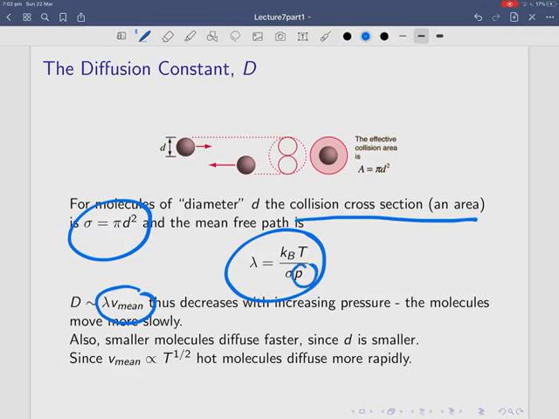Also, the smaller molecules diffuse faster because d is smaller, so lambda goes up and D goes up. Since v mean is proportional to T to the half, hot molecules diffuse more rapidly. So this gives us a diffusion constant which more or less obeys common sense.